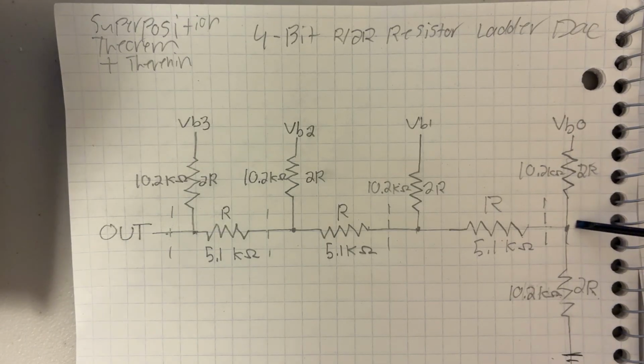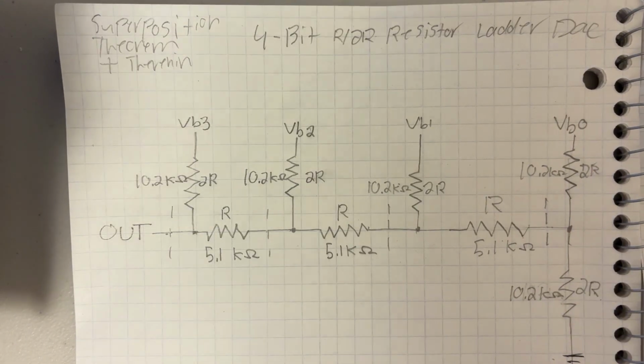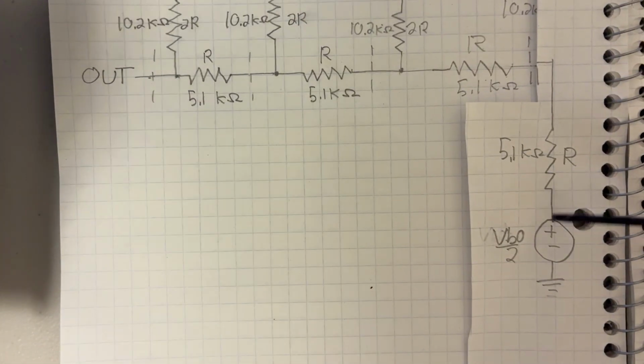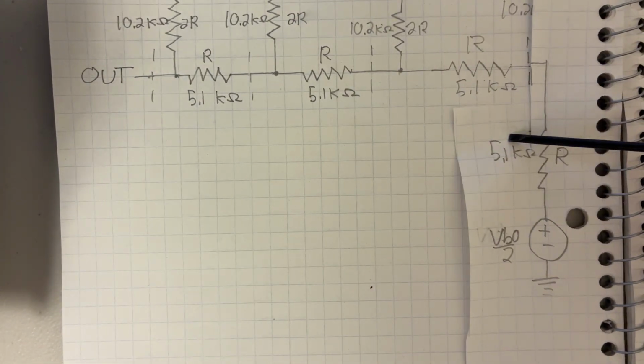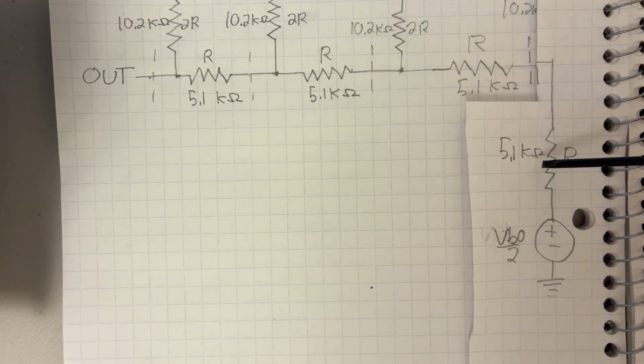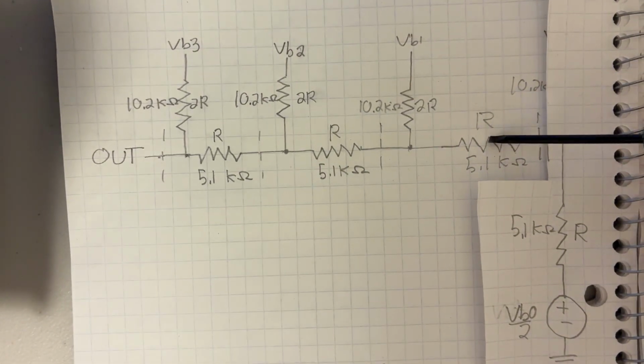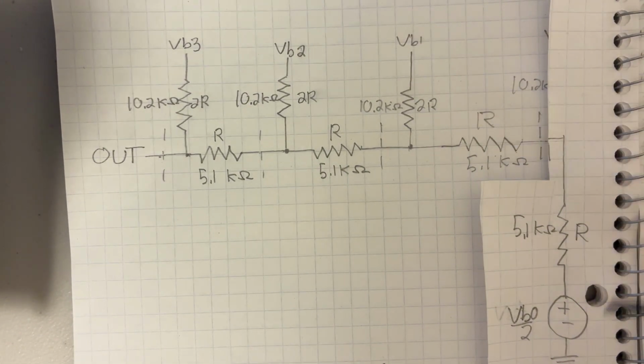And we want to find the voltage here, and since these two resistors are equal, we know that the voltage will be half. And then we have this 5.1 kilo ohm resistor from Thevenin's equivalent circuits, and these two combine into 2R, and then we have a 2R and a 2R in parallel, so the voltage will halve again.